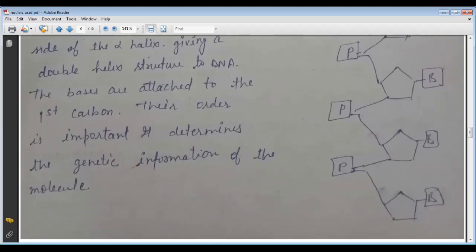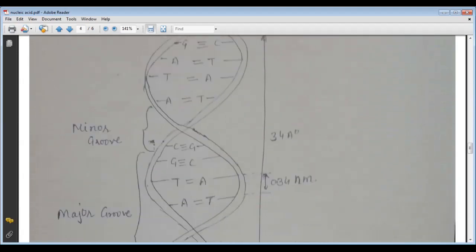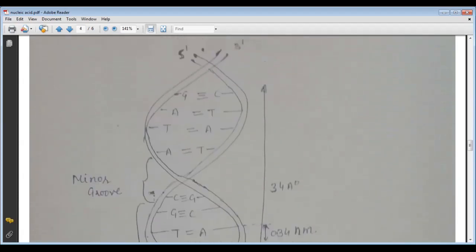Now come to the Watson-Crick model, or the double helix structure of the DNA. We can see here the double helix structure of the DNA. In this structure there are two strands: one is 5 prime to 3 prime, and the other is 3 prime to 5 prime.